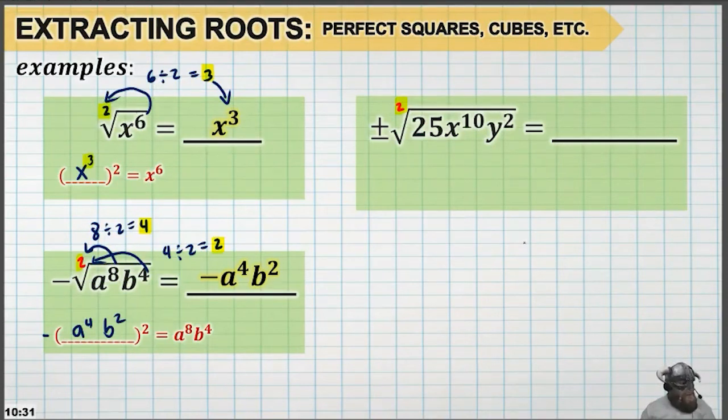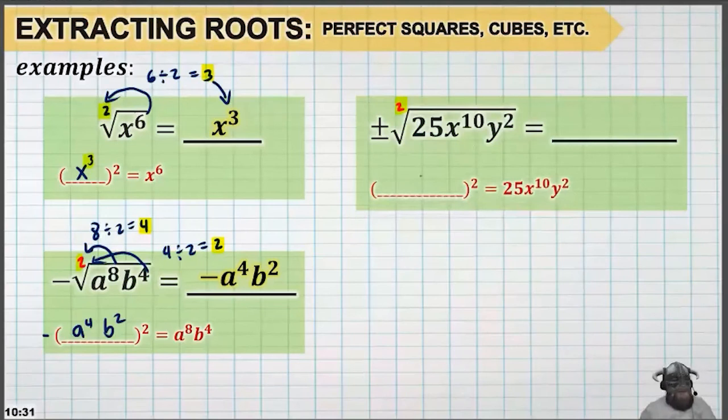Nagkamali ata ng pindot si Mervin. Dapat ata negative yan, hindi equals, no? Yan. Okay, so paano natin siya ulit gagawin? Una, kuhain mo muna. Lagay mo muna natin dito positive, negative. Then, ano muna yung square root ni 25? Ang square root ni 25, katulad sa lesson natin kanina, ay 5. Then, divide natin. 10 divided by 2. So, that will be equal to 5.